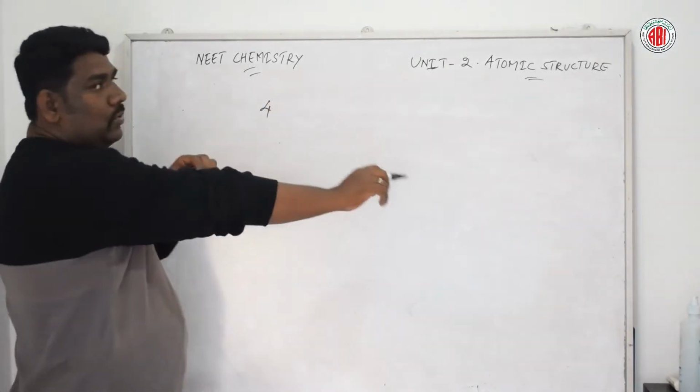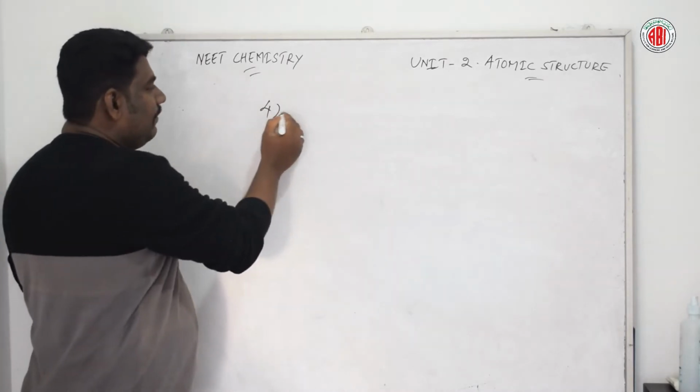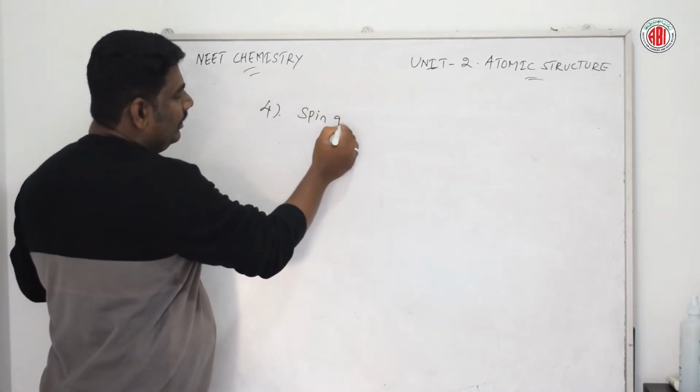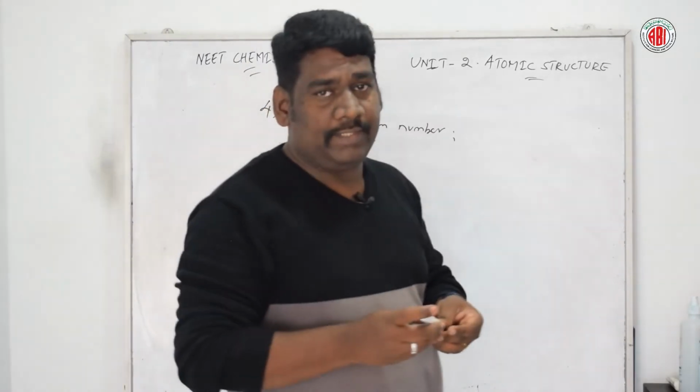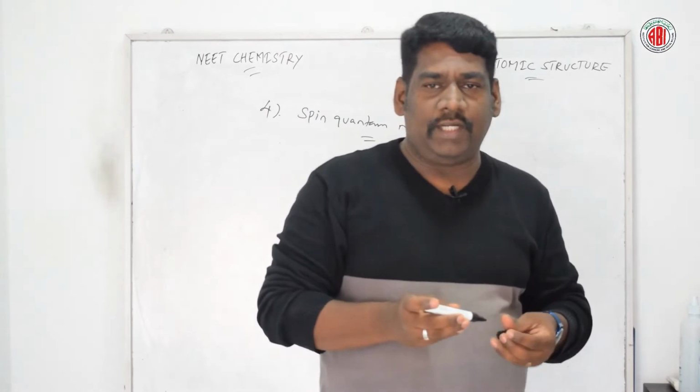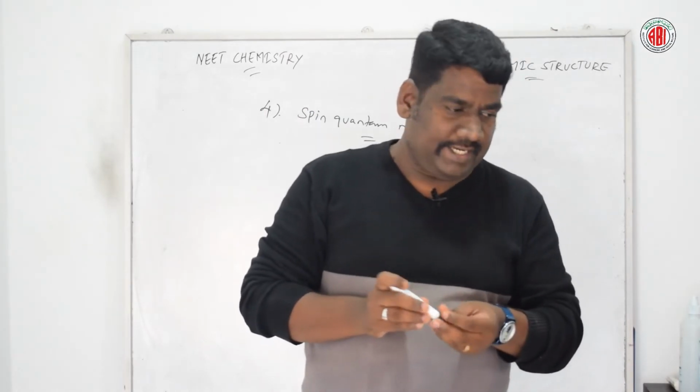The next quantum number is the spin quantum number, the fourth quantum number. Let us talk about this in detail.